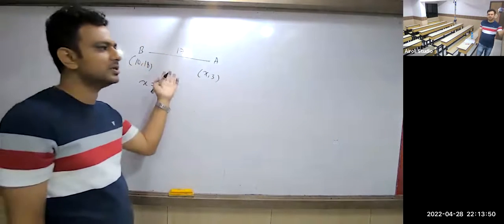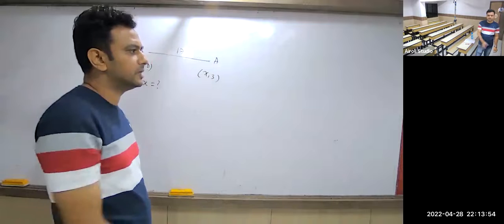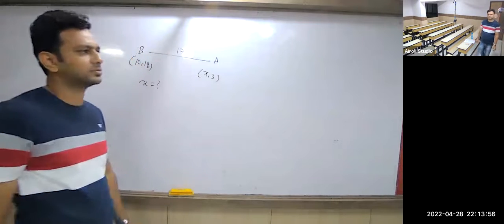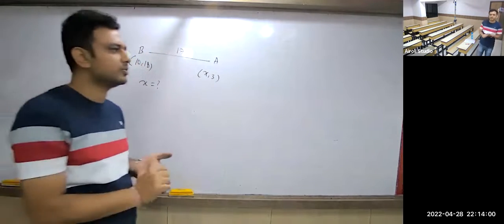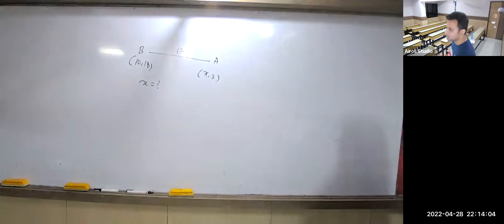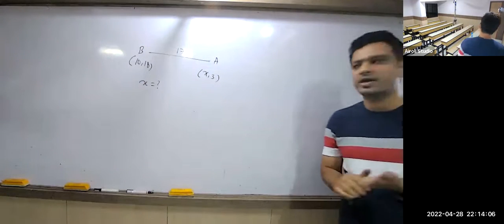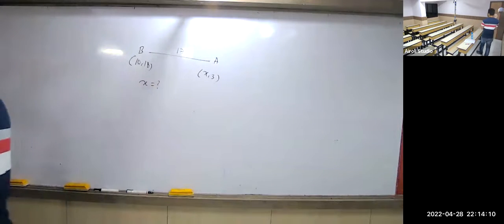We have to apply the distance formula. The distance formula is the square root of the square of the difference of the x coordinates plus the square of the difference of the y coordinates. That will give you the distance between the 2 points.